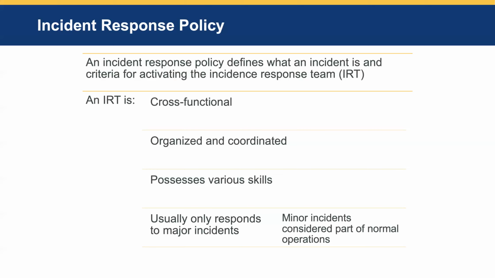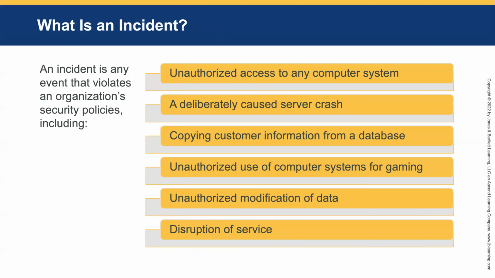The first way that we're able to classify the incident is we have to define an incident. What exactly do we mean when we say an incident has violated our policy? We want to note that an incident is any event that violates our organization's security policies.